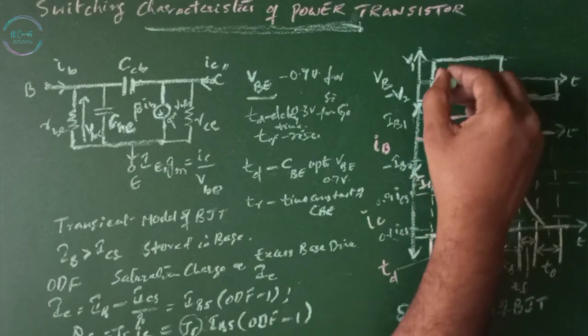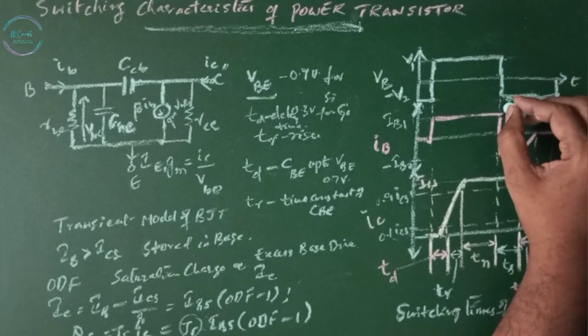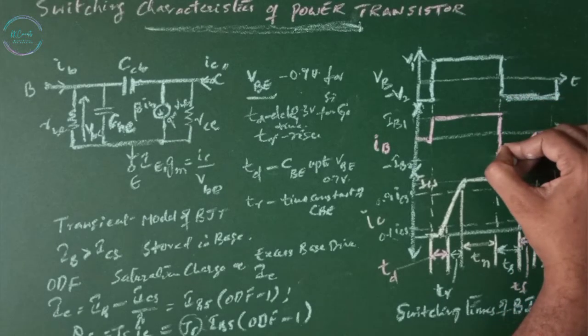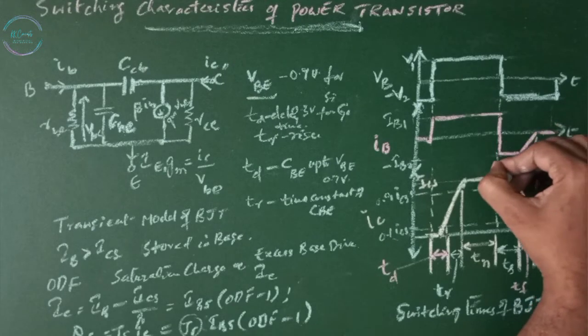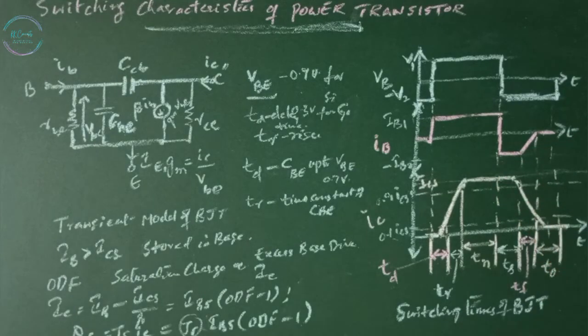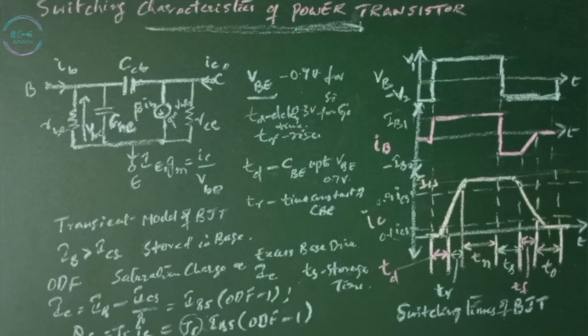When the input voltage VB is reversed from VB1 to minus VB2, the base current also reverses to minus IB2. The collector current does not change for a time TS. It is known as the storage time. TS is required to remove the saturation charge from the base.